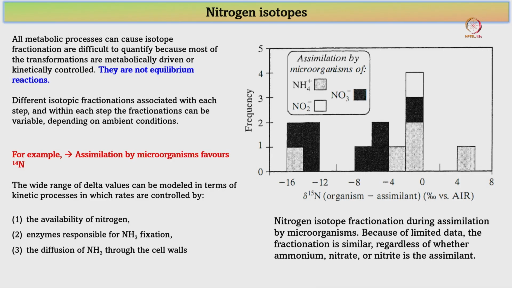But for nitrogen isotopes, this is very difficult to say, because of the multiple pathways, because of the multiple forms that it exists in, that is from ammonia to nitrate to nitrite to the different nitrous oxides.